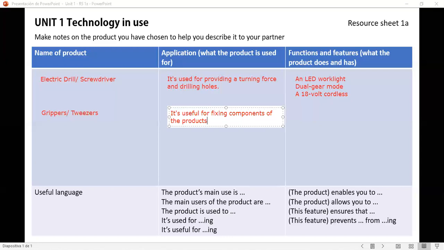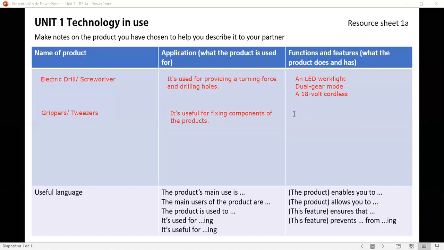And of course, it depends on the kind of gripper or tweezer that you want to talk about. We can have the pressure tweezer, we can have the electrical tweezer. But in all cases, they help us to fix components of products or stuff like that.